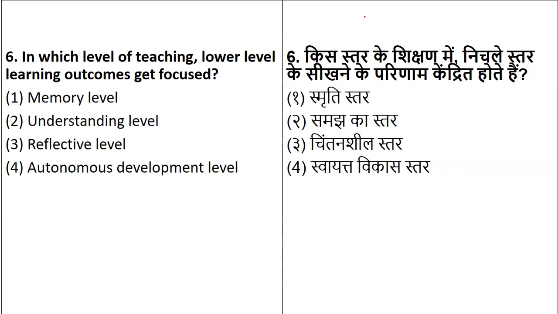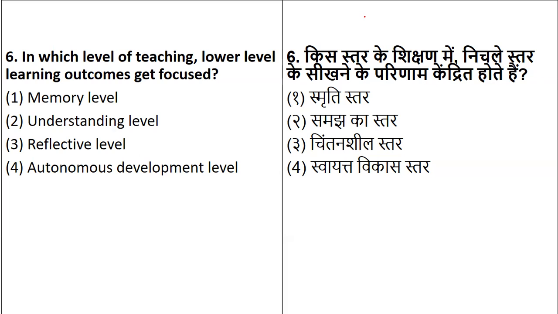In which level of teaching do lower level learning outcomes get focused? Whether it is a memory level, understanding level, reflective level, or autonomous development level. So which type of teaching indicates the lower level learning outcomes?